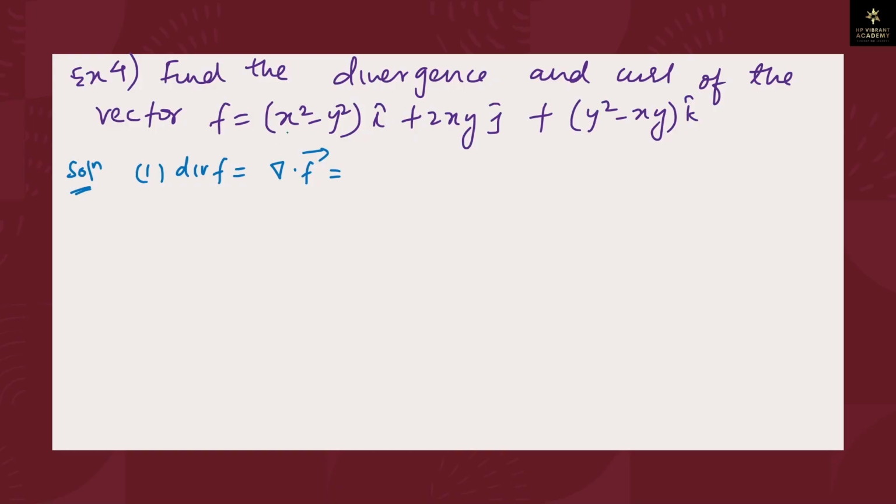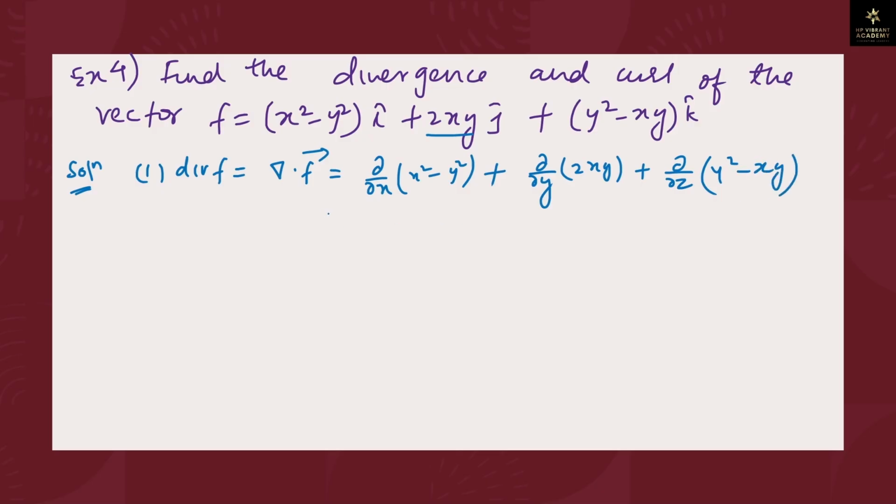The component of i is x square minus y square, so this is del upon del x of x square minus y square plus del upon del y of 2xy plus del upon del z of y square minus xy. So this is equal to 2x plus 2x plus 0, so this is equal to 4x. So we have the divergence of f as 4x.